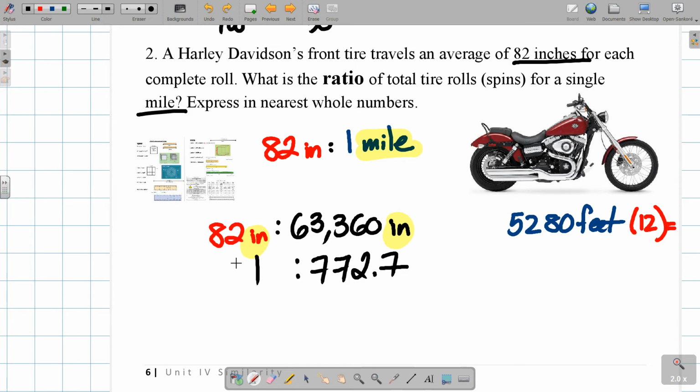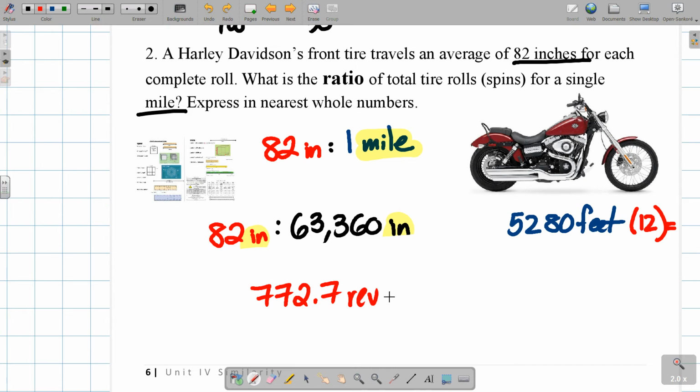So your ratio for mile for revolutions, excuse me, it's the other way around. For revolutions per mile, the ratio of how many revolutions per mile is going to be 772.7 revolutions for every 1 mile.